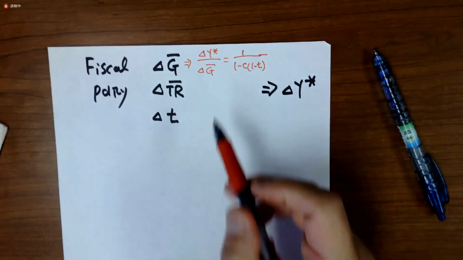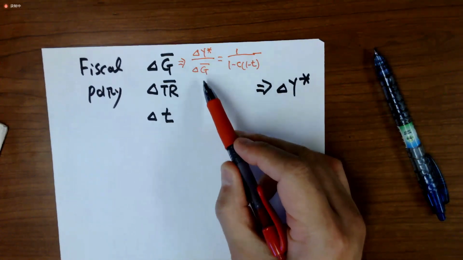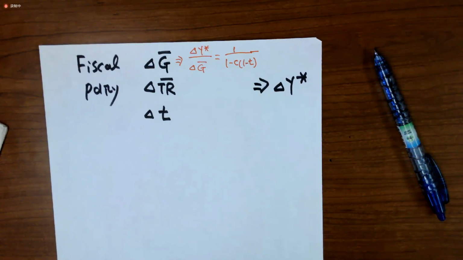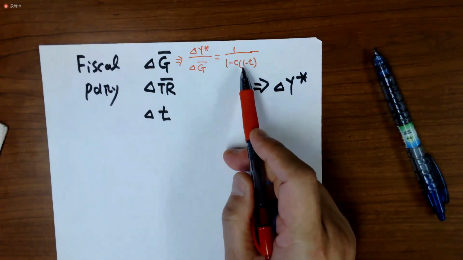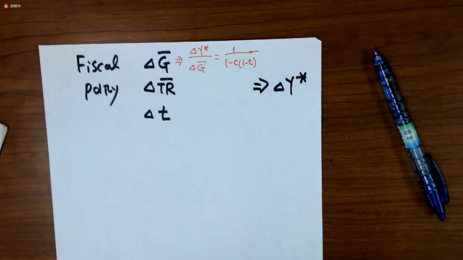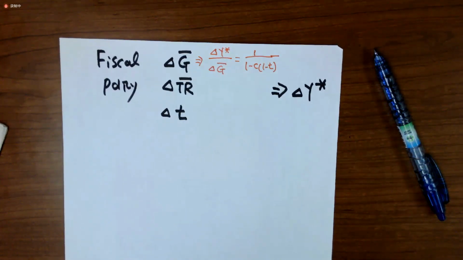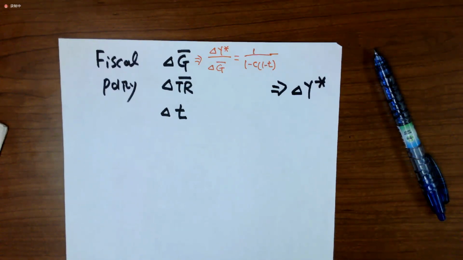Is this government spending multiplier given by the expression positive or negative? You have a 50% chance. It could be either. No.